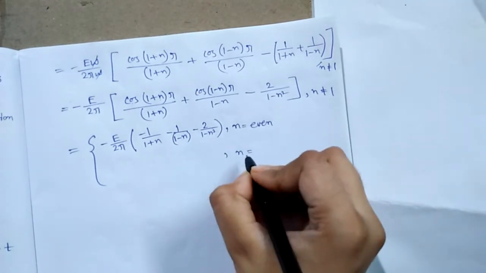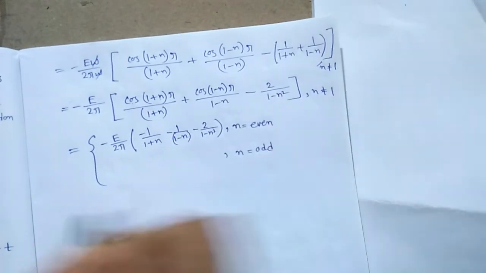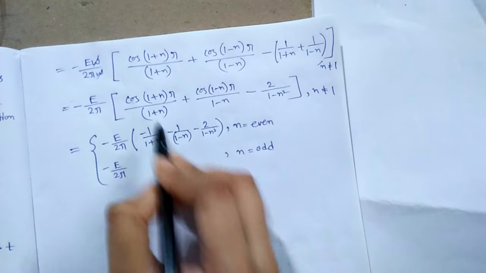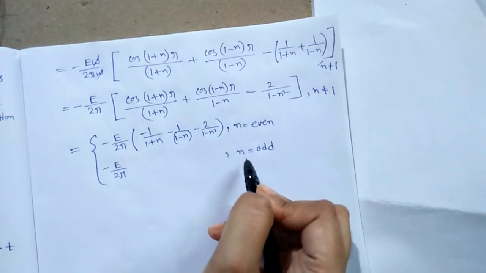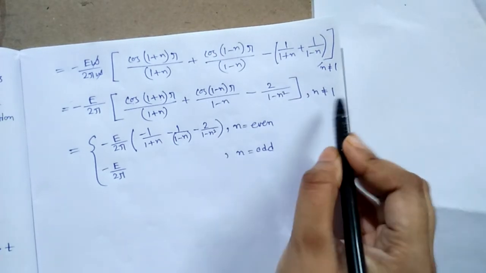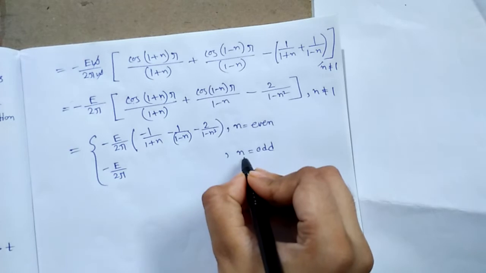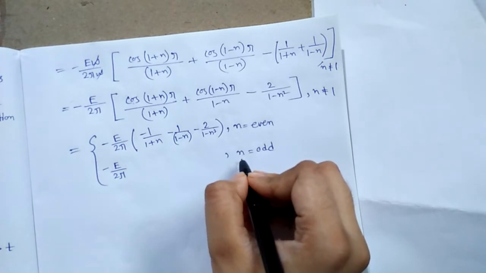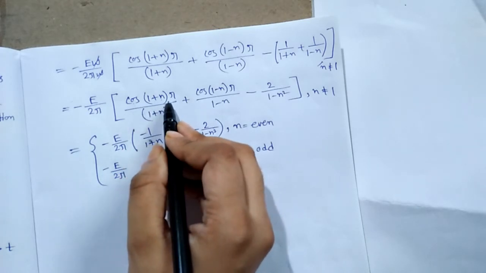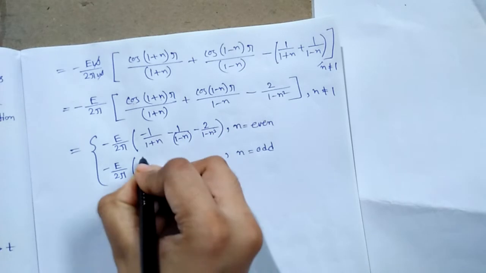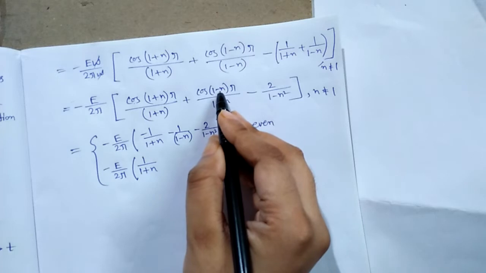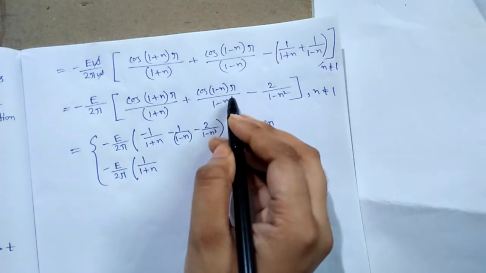Now when n is odd, what happens? This is minus e by 2 pi, and suppose the value of n is 1. n is not 1, because 1 is already omitted. So take the value of n as 3. 3 is an odd number, put it here. Then cos 4 pi, and cos 4 pi is 1. So this is 1 by 1 plus n.